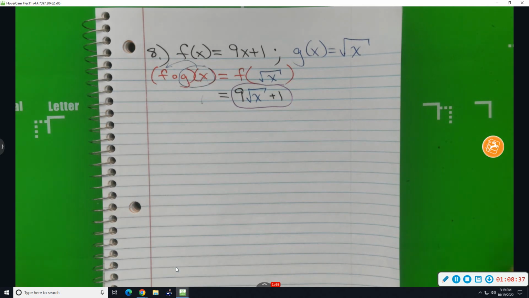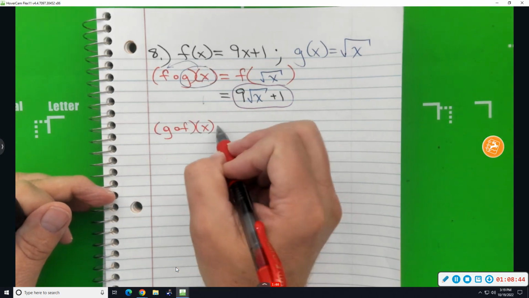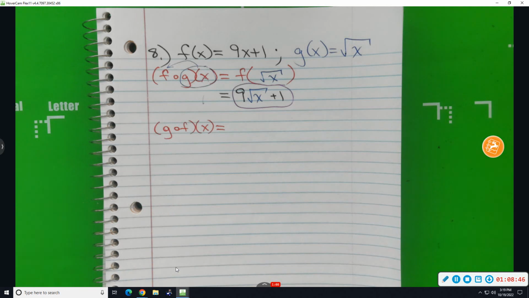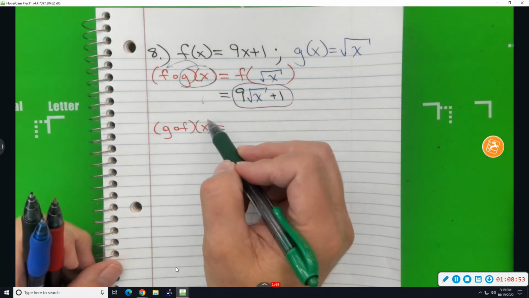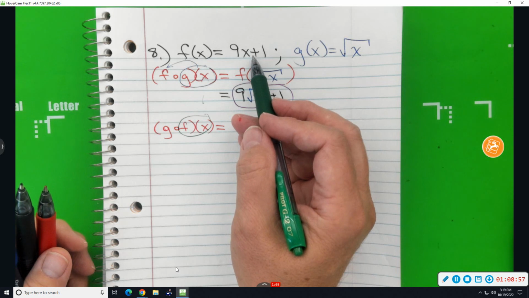Now we have to go in the opposite direction. They want us to find g composed with f of x. What's my inside function? F of x is what's on the inside. F of x, we know that's 9x plus 1.